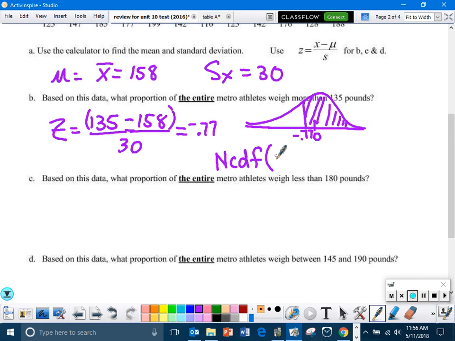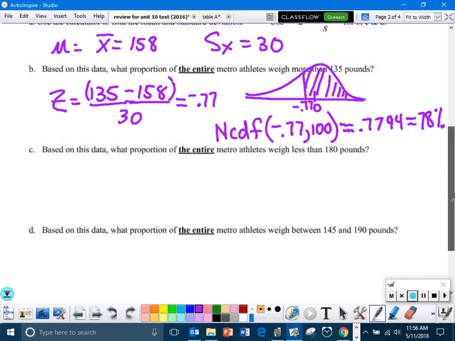Let me do this again. So normal CDF, negative 0.77 is my lower bound, comma 100 because I shaded it all the way to the right. And that's approximately 0.7794. So we'll say that's about 78%. So about 78% of the athletes weigh more than 135 pounds.